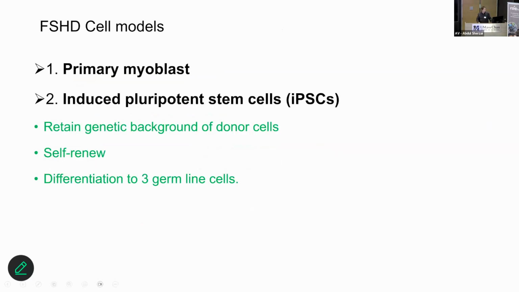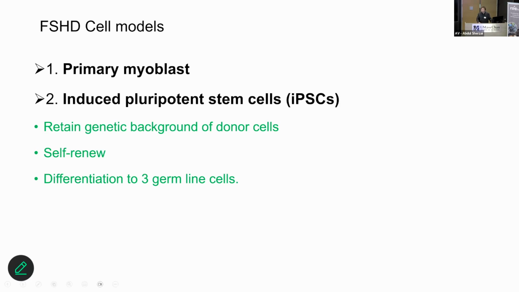For FSHD research and therapeutic development, the cell model is very important. It's also the starting point. As Kellen talked about, we generated primary myoblasts isolated from patient biopsies. Sometimes we can't get the patient myoblasts, we only get patient fibroblasts.